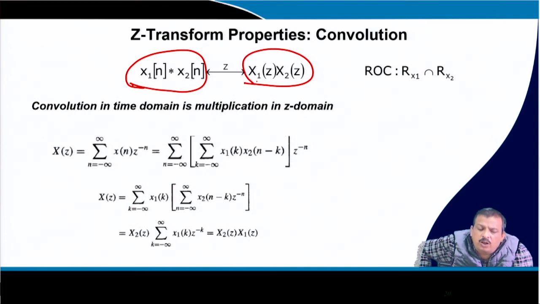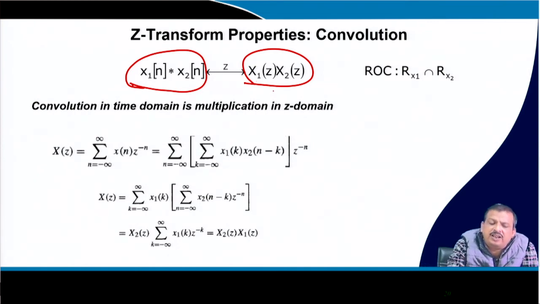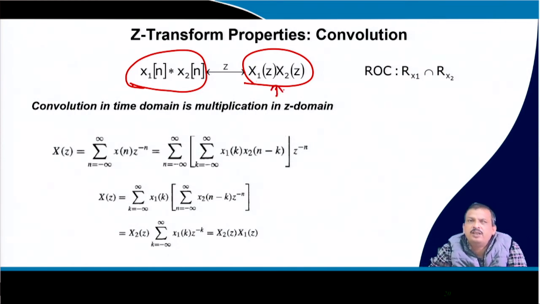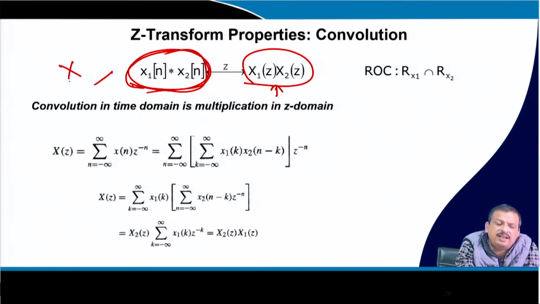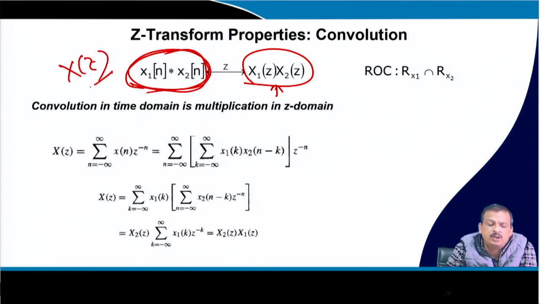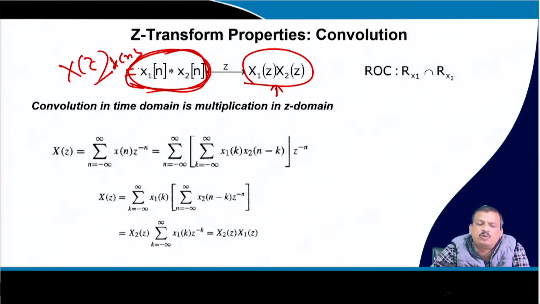You can prove it also. Let's say two signals x1 and x2 are convolved with each other. I want to find out what is X of z. Let x of n be x1 convolved with x2 n, my new x of n, and this is the z transform of x of n.